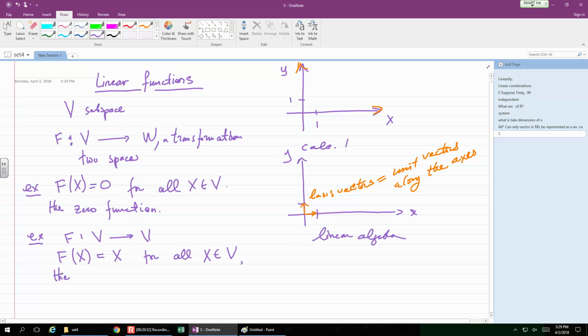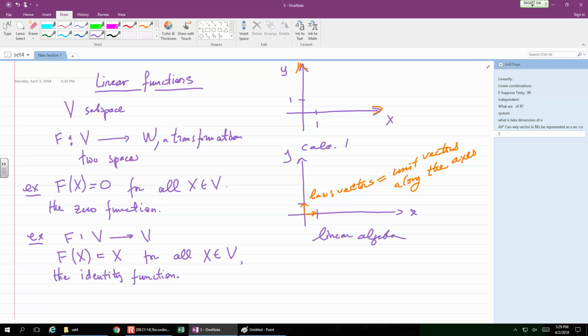It's called the identity function. So once again, the point of these examples is that there is no need for a specified basis in order to define functions.